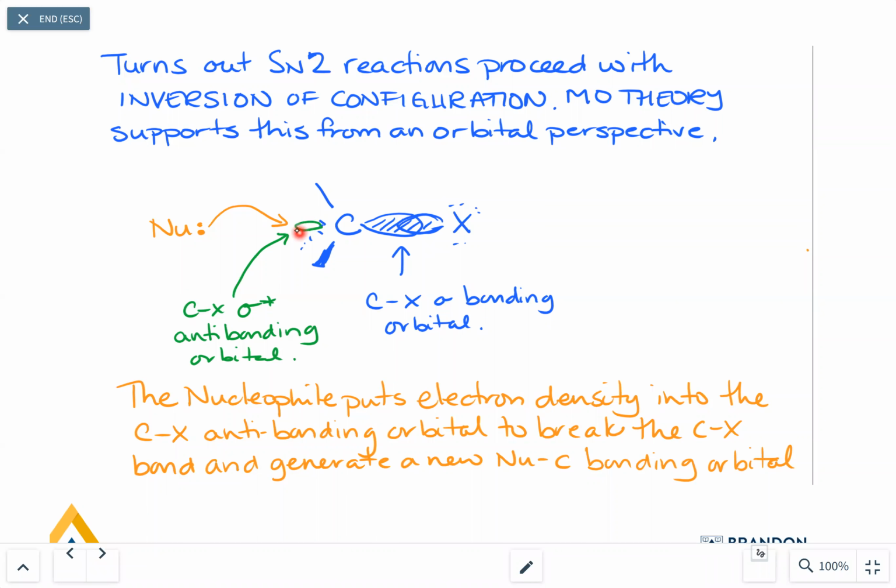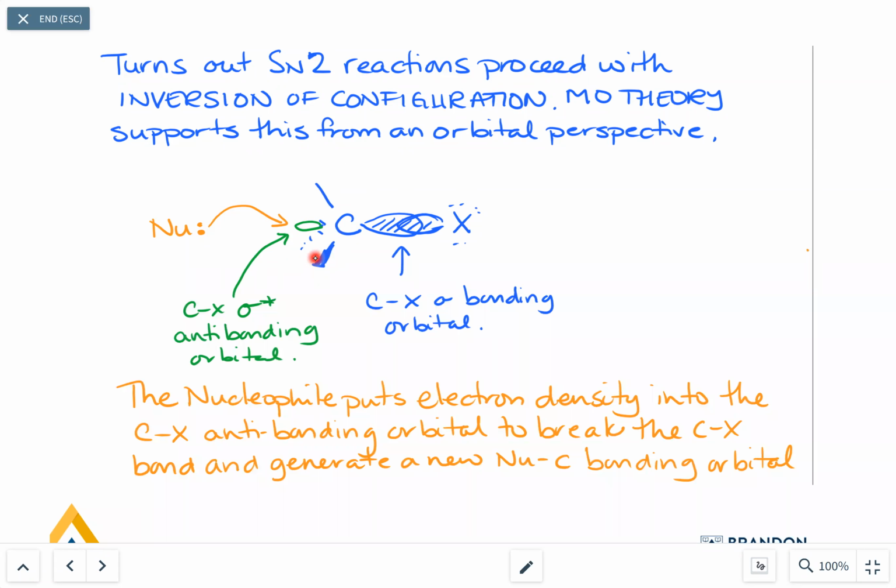So intuitively, most people said it should be on the opposite side, and that's indeed the case. So for these types of SN2 reactions, if the carbon is chiral, we are always going to get that center inverted.